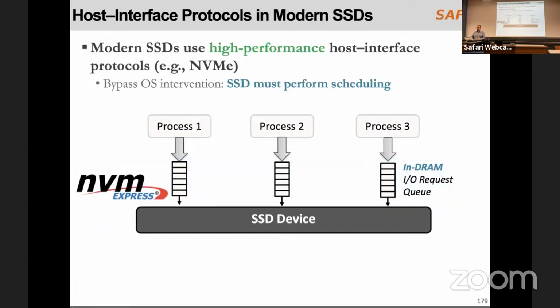So now each process can have a queue internally inside the SSD, and each process can write to that queue using user level code, not even OS level code. The OS needs to be involved for each process to initiate a queue in the SSD device, but once the queue is initiated, the process can write to that queue using user level code.